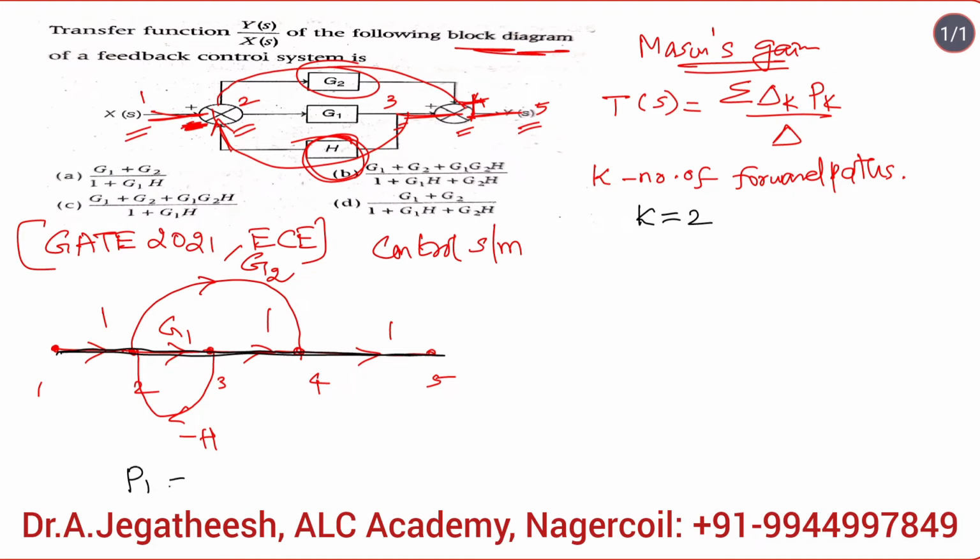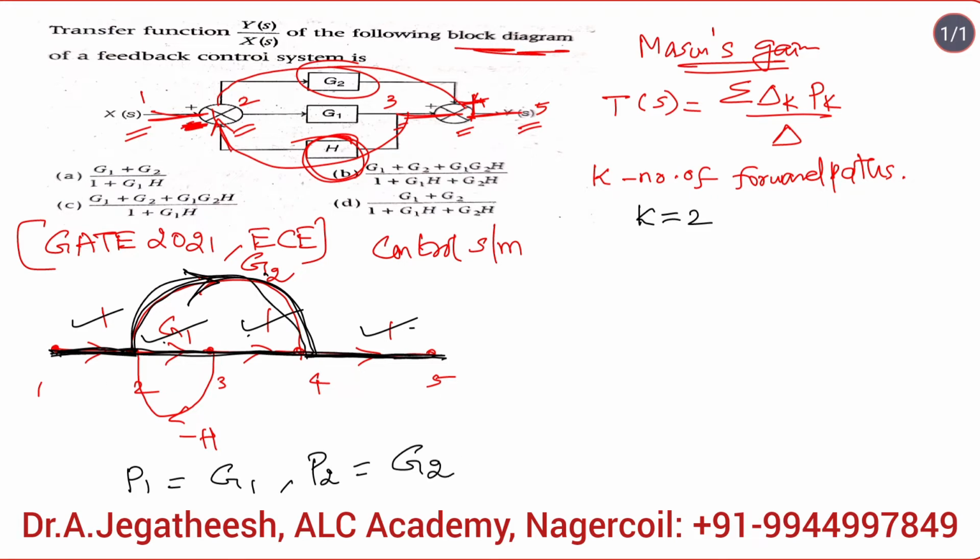First forward path will be this straight way, so on the way you have 1, G1, 1, 1. If you multiply the 4 terms you will simply get G1. For P2 you should consider the second forward path. In the second forward path you have only 1 term, that is G2.